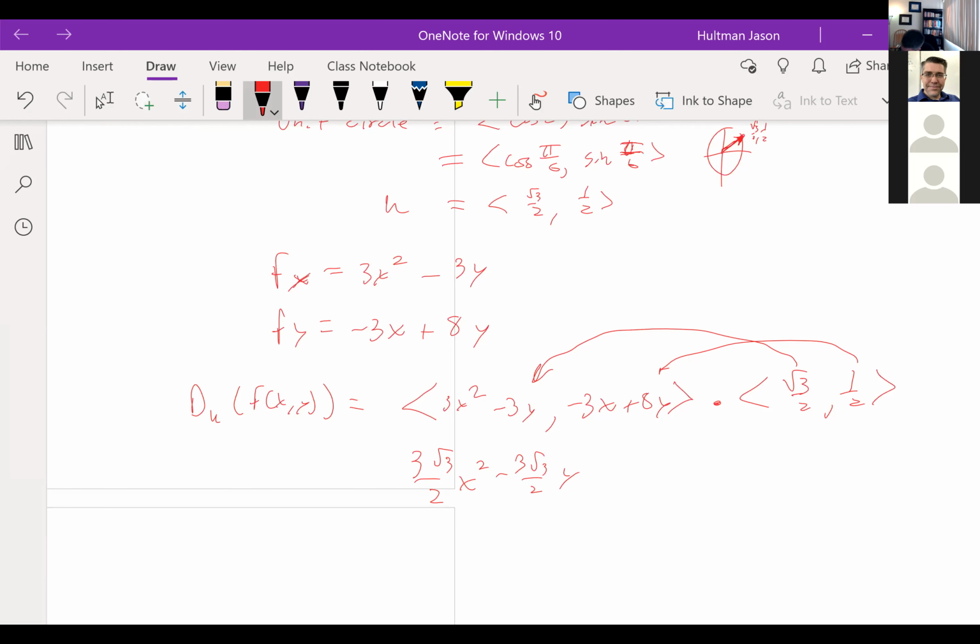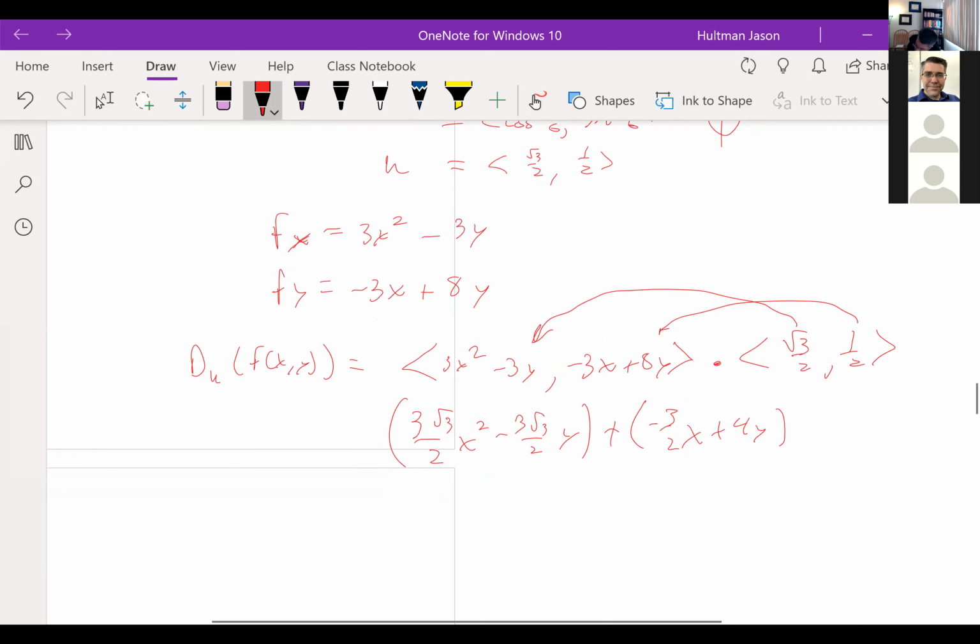Okay, and then plus, dot producting this, negative 3 over 2 x, oh sorry, this is 1/2, my bad. This is negative 3 over 2 x, plus 4y.